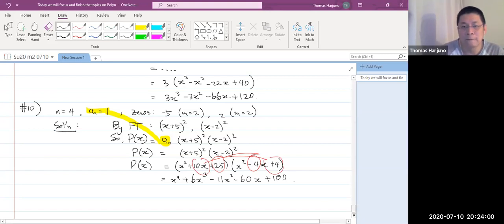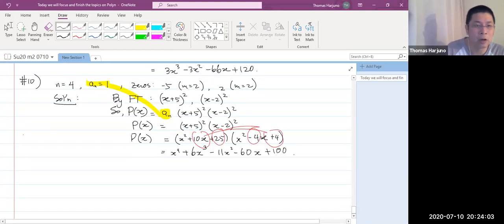Number 14, this time you need to see the graph from your book. They give us the graph.